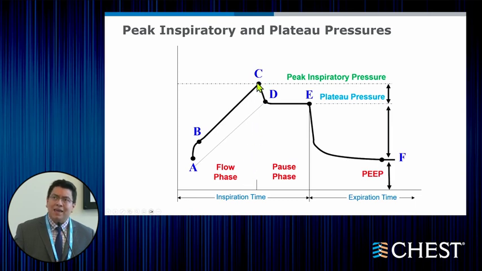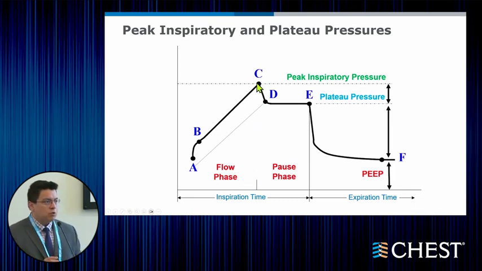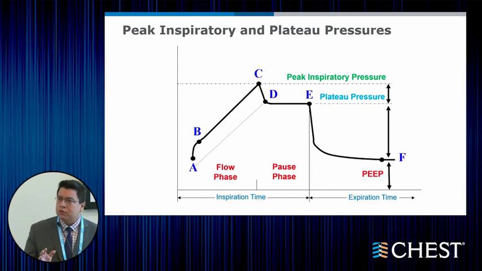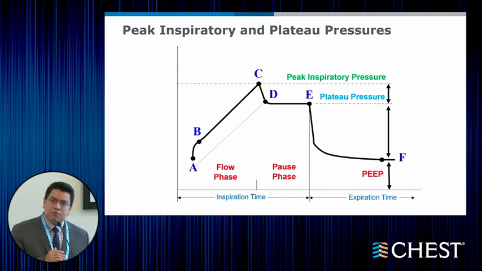And it ends at the peak inspiratory pressure. And the important aspect to remember here is that this flow phase will represent everything that tidal volume that we are delivering to the lungs have to overcome, including the airway resistance, any type of mucus, the weight of the chest wall, etc., in order to deliver that tidal volume.